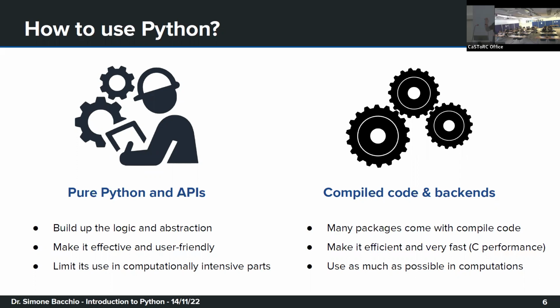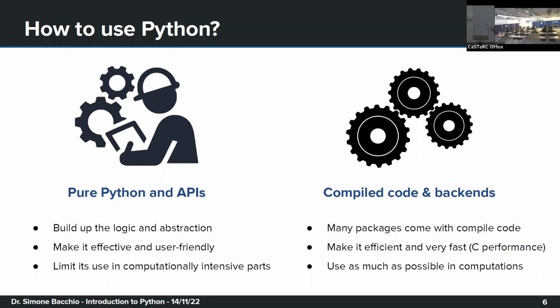The purpose of Python is to be used for building up the logic of your program. And this is where it's very great, because it's abstract and very dynamic and allows you to do many complex tasks very easily. But on the other hand, you should always rely on compiled code and backends for doing calculations.